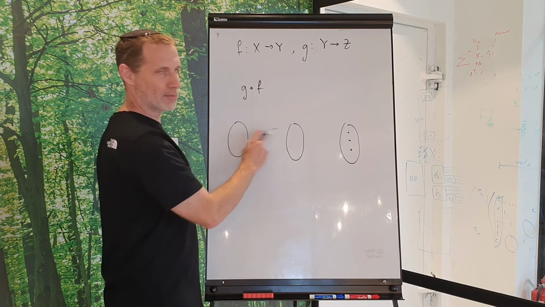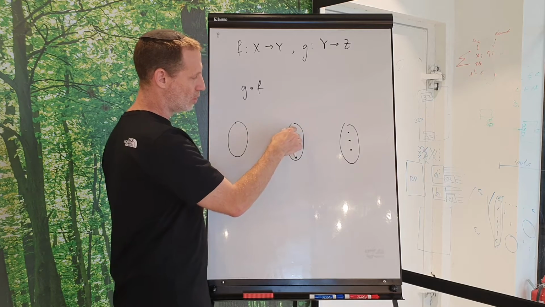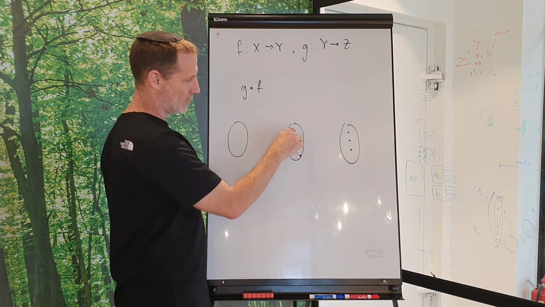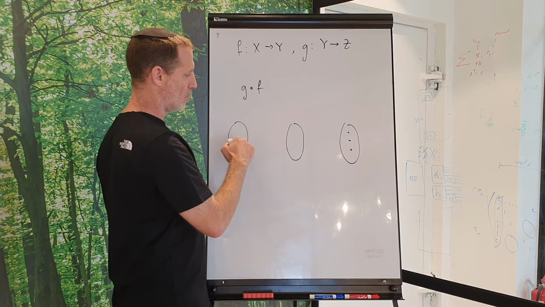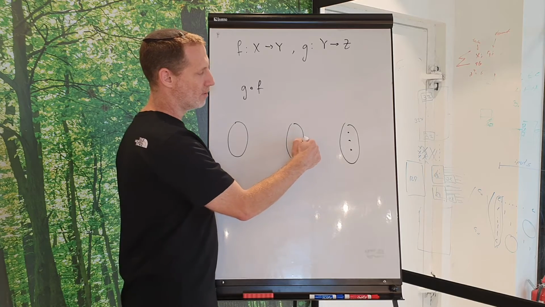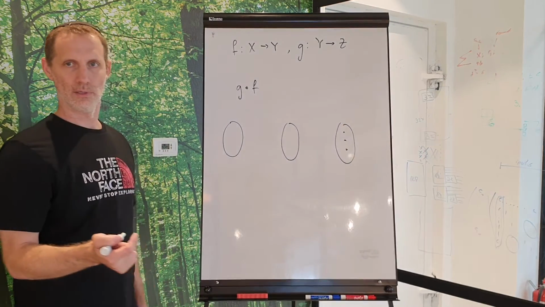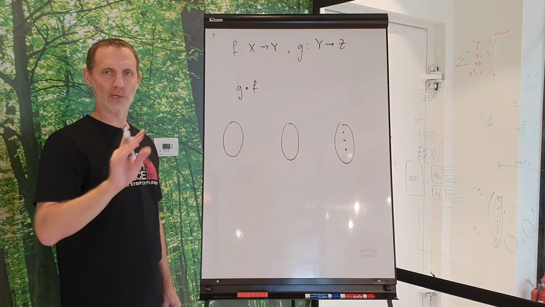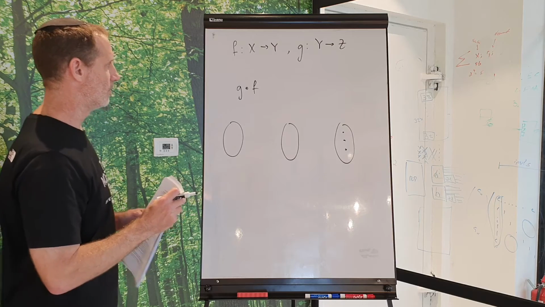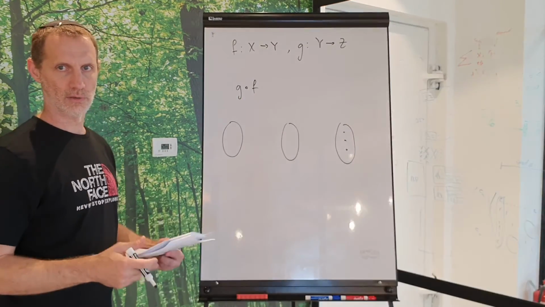If you remove some of the arcs here, or you don't map the whole codomain in your first function, then maybe you'll miss an arc here, and now it won't cover the output. So you actually do need them both to be surjective in order for the composition to necessarily be surjective.